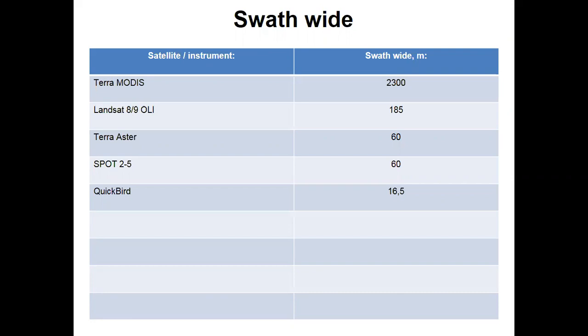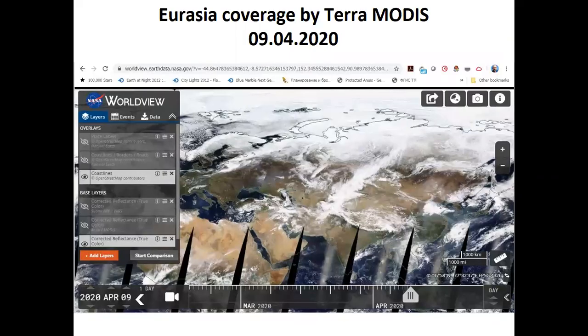While, for example, Landsat only could make an image with a width of 185 kilometers. And so this, of course, results in different productivity of the satellites. For example, this is the coverage of the whole continent of Eurasia by a single satellite in just one day. So you could see that in one day, the satellite could shoot huge areas.